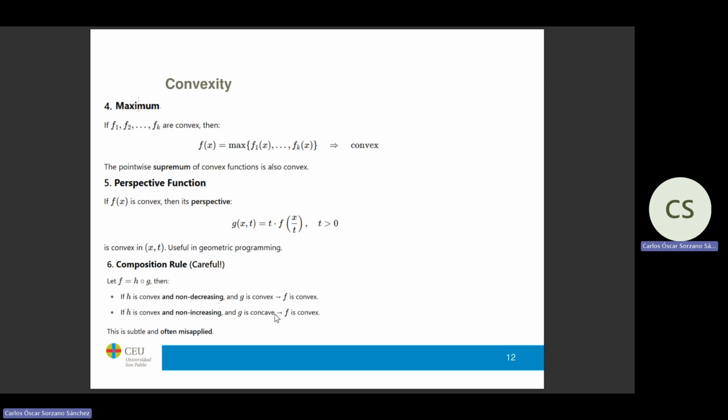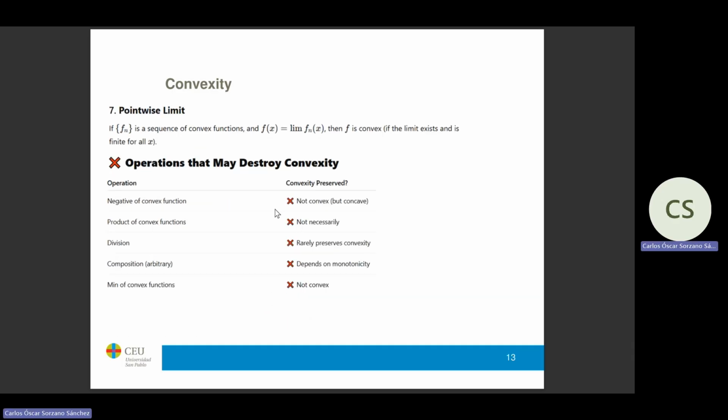And then the result is convex, but you start from a concave function. Then you have a sequence of convex functions, and you compute a new function f that is the limit when n goes to infinity of this sequence. Then f is convex, but for that you need the limit to exist and be finite.